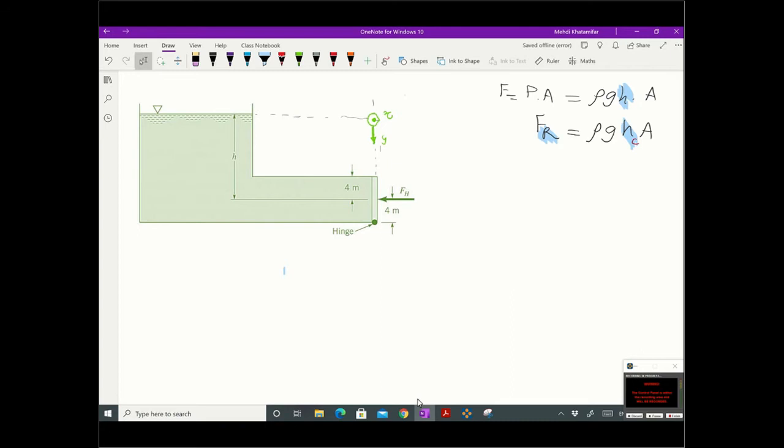What's the final? 8 meters, half is going to be 4.